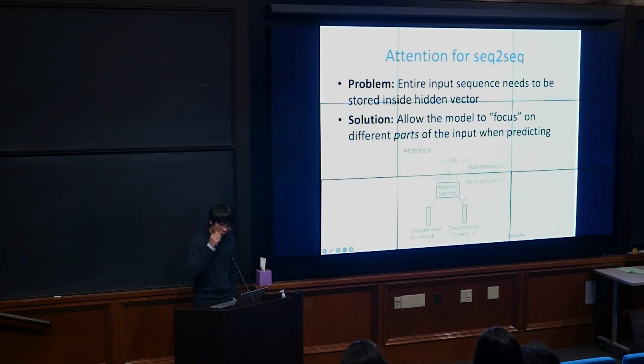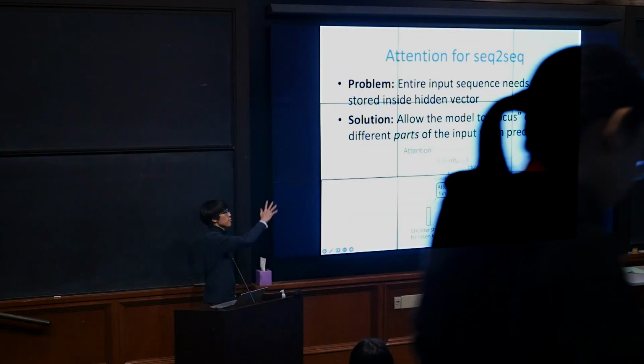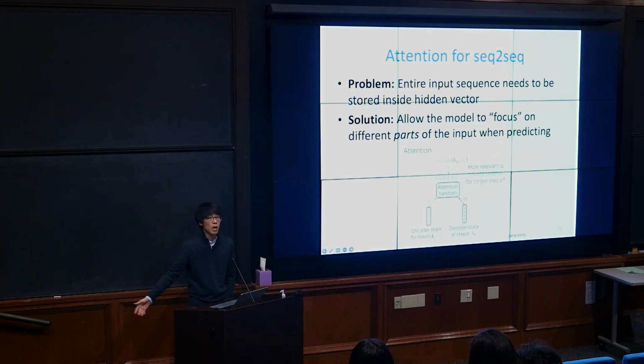So the solution then is to instead allow the model to focus on different parts of the input when predicting, instead of having to look at everything all the time, right? Instead of just looking at that input vector that contains all the information possible about the entire input sequence, we can just say, for this output that you're generating now, what's most relevant to you that was in the input? And we can do this using an attention mechanism. This is where attention mechanisms came from.